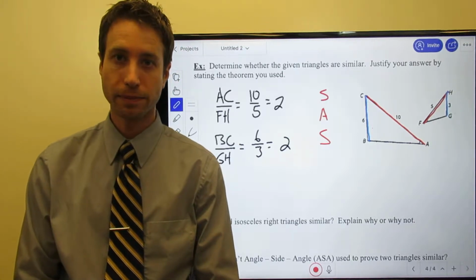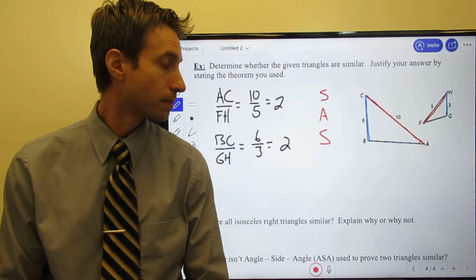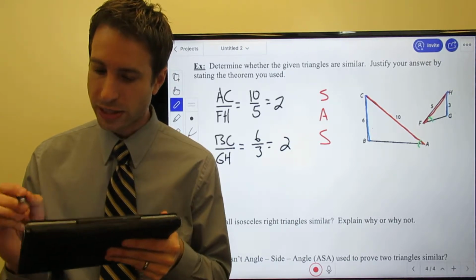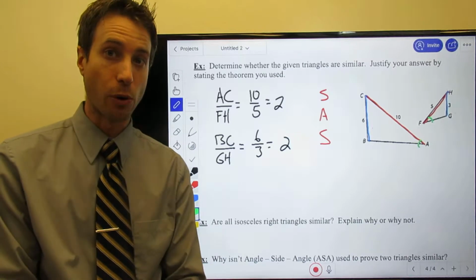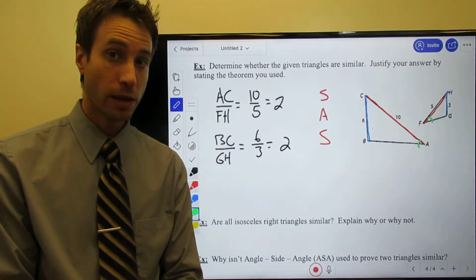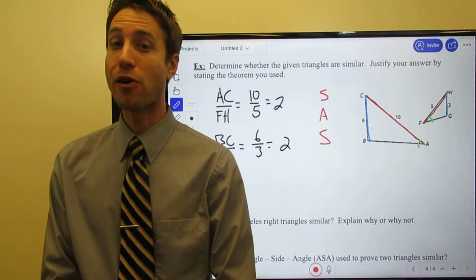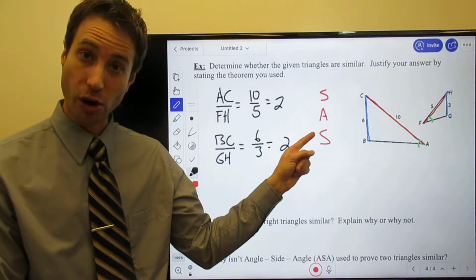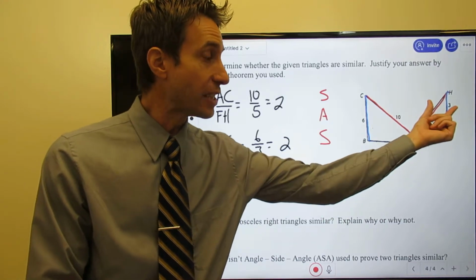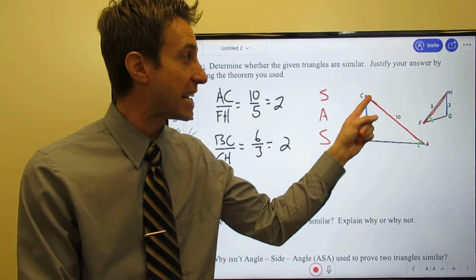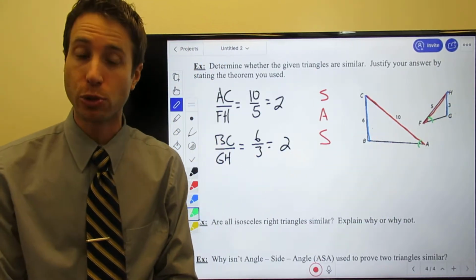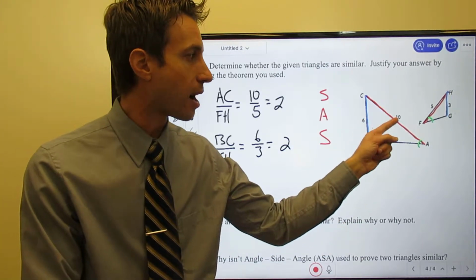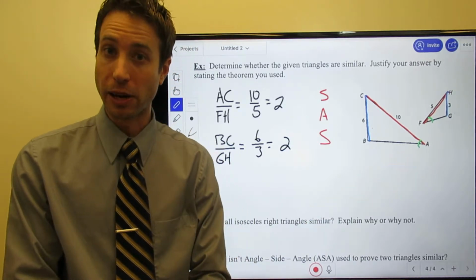Do I know that? No. They tell me that angle A is congruent to angle F. Is that helpful? It is not. Please be very, very careful. The way that the side-angle-side similarity theorem works is that whatever two sides you use, it must be the angle that is included between those two sides. There is no side-side-angle similarity theorem.